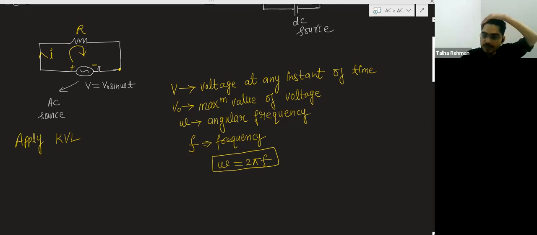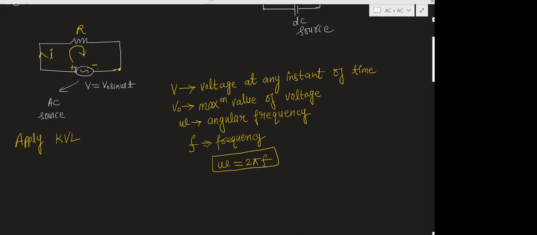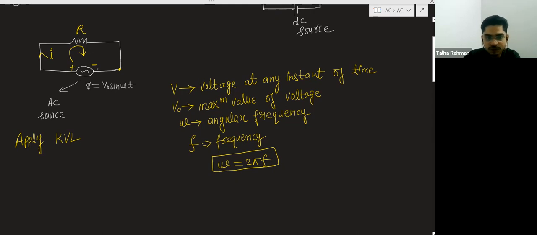You know how to apply Kirchhoff's voltage law. So we move in the circuit like this. This is the negative terminal and this is the positive terminal. The negative terminal is at lower potential and the positive terminal is at higher potential. So you are going from lower potential to higher potential, so potential is increasing. You will take this V as positive.